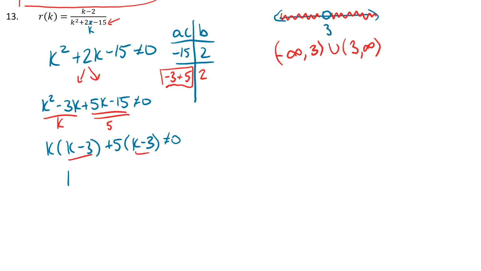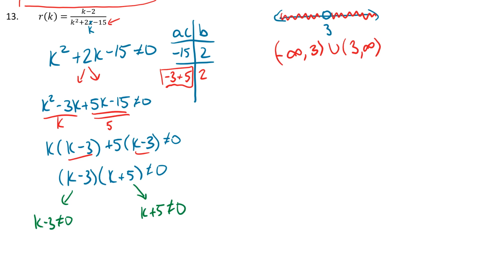As long as the insides match, we have k minus 3, k plus 5 can't equal 0. Alright, now once we're here, we set both of these equal to 0 individually. Alright, so we have k minus 3 and k plus 5, and we set both of those not equal to 0. And then solve those little miniature equations, which in this case is going to give us k does not equal 3 and k does not equal negative 5.